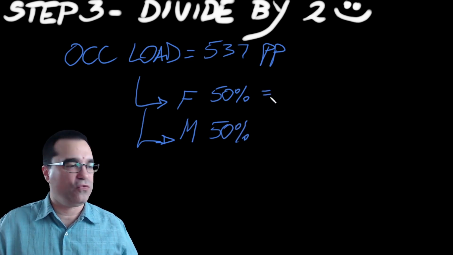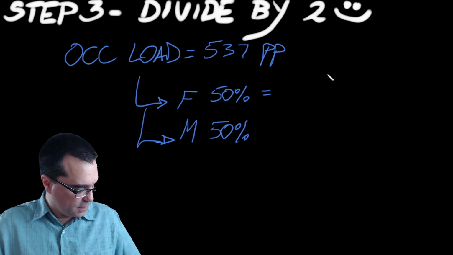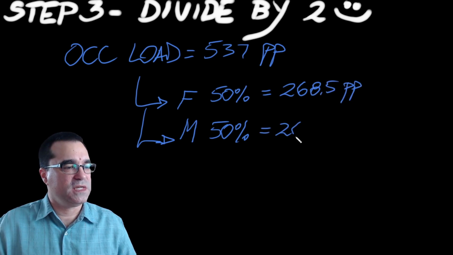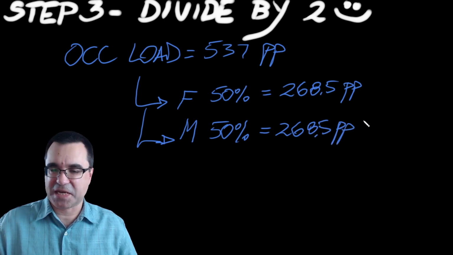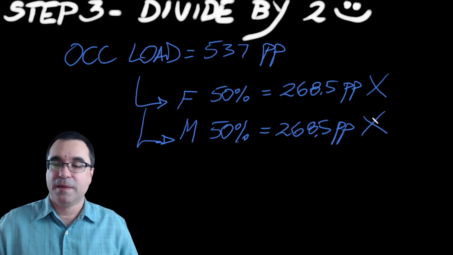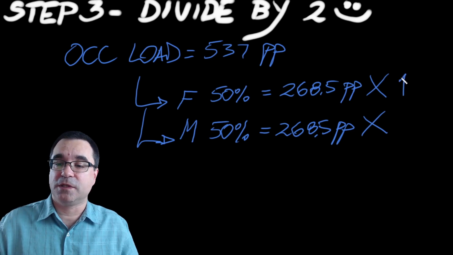So if I do 537 divided by 2, I get 268.5 people, and 268.5 people. Is that good? No. Don't forget, people are whole numbers. So we have to always round up to the nearest whole number, right?